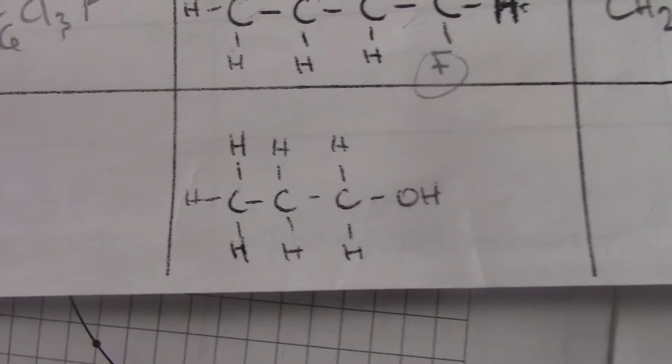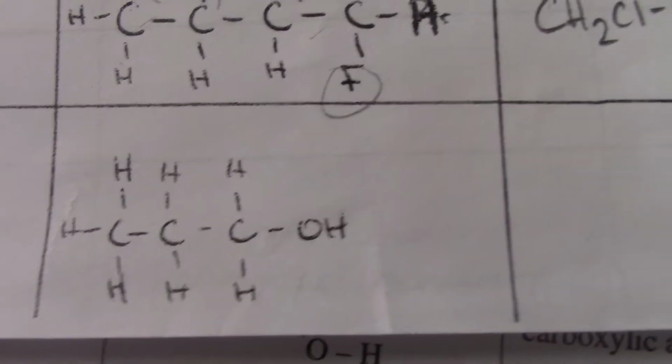Okay, so that's in your book. So 3 carbons, so it's propane, but because of the hydroxide, it's propanol, and the OH is on the first carbon, so it's propan-1-ol. Propan-1-ol.